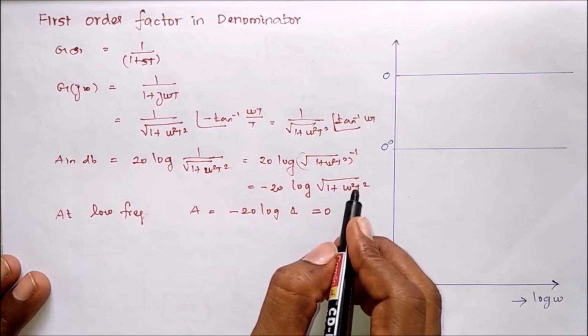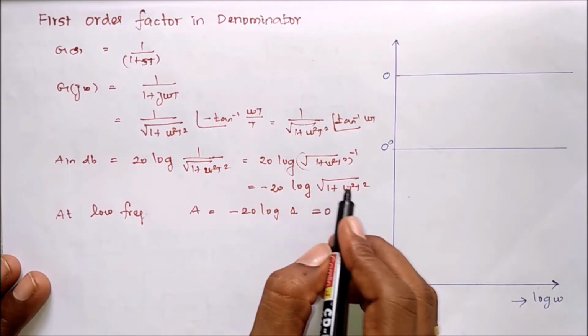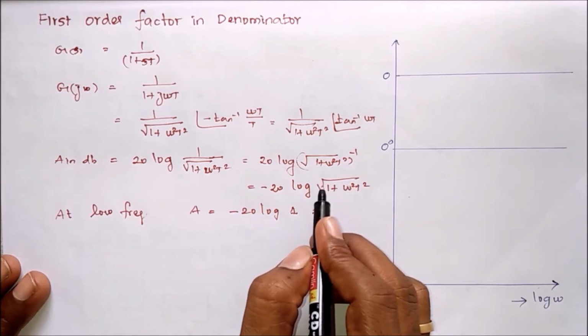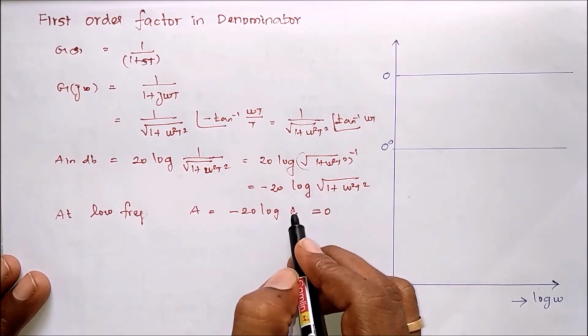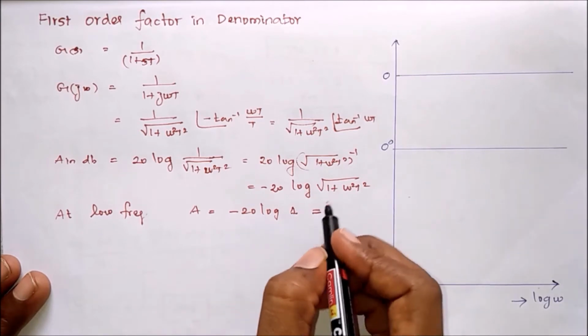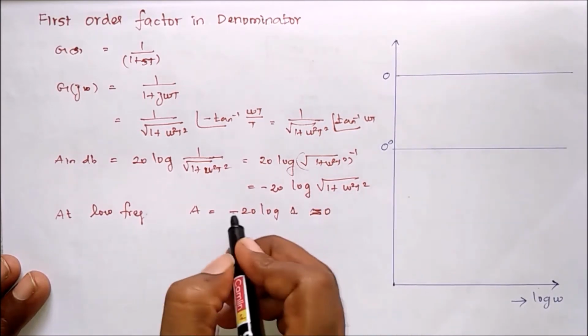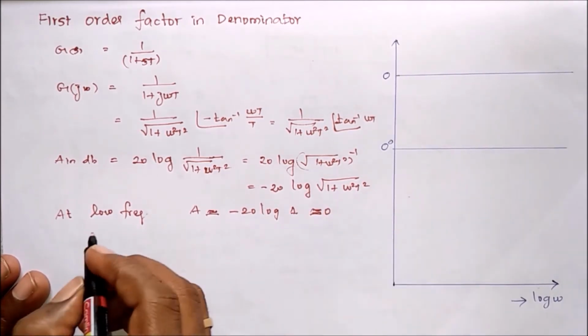If this part is low, definitely we can neglect it, and this will be the square root of 1. The square root of 1 is 1, and log of 1 is 0. Therefore minus 20 into log 1 is approximately 0 finally.